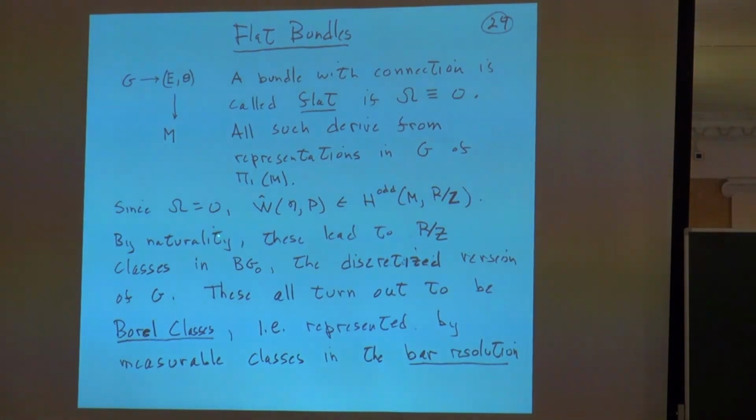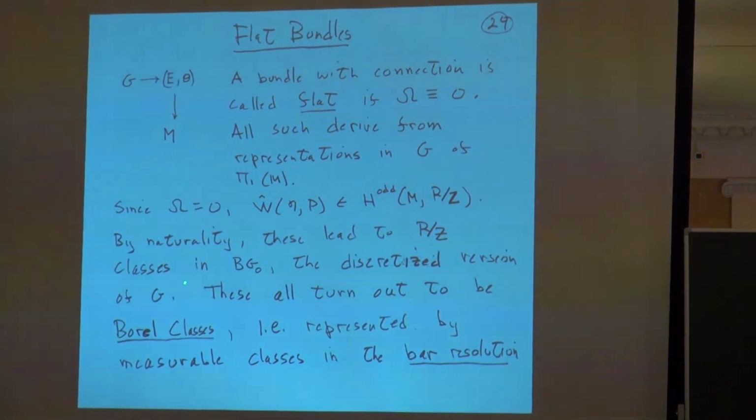So if you think of G delta as a discrete group, not as a Lie group anymore, forget that it's a Lie group, just think of it as a group. Groups have classifying spaces. And so these things all lead to R mod Z classes in the discretized version of G. And why do you get these in the odd cohomology of R mod Z?